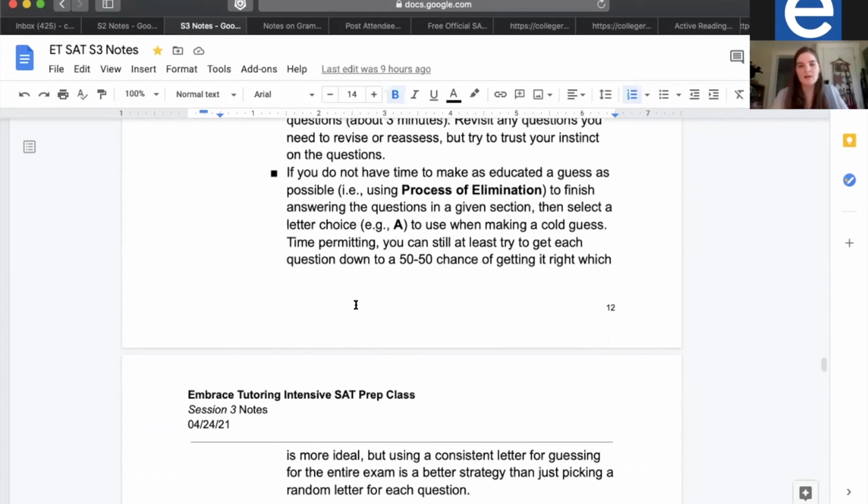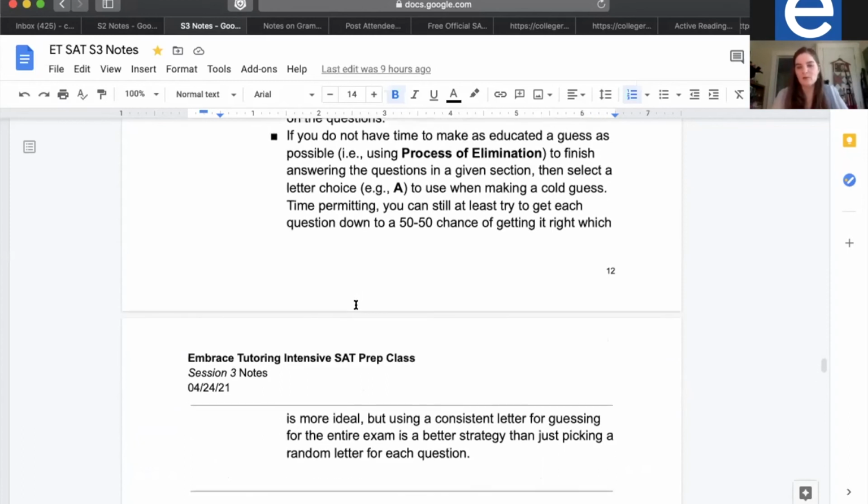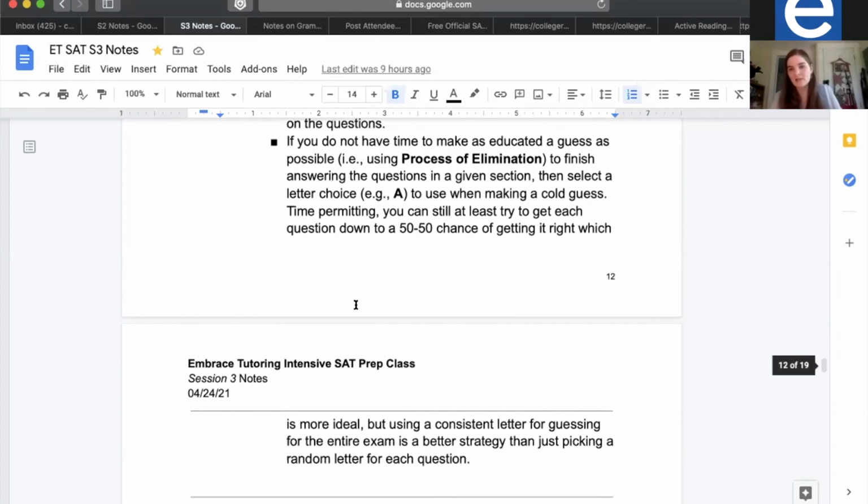If you do not have time to make as educated a guess as possible using process of elimination, finish the questions in a given section and select a letter choice. Just pick a random letter, but stick with that letter for any last-minute, throwing-to-the-wind type of guess, where you don't have time to get it down to a 50-50 chance of getting it right, which is more ideal, and making an educated guess.